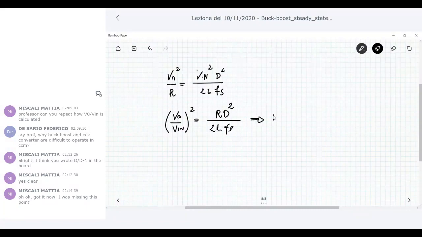From this expression we can derive M(D) in DCM, which is equal to V naught over Vin, so it is D times the square root of R over 2L Fs.